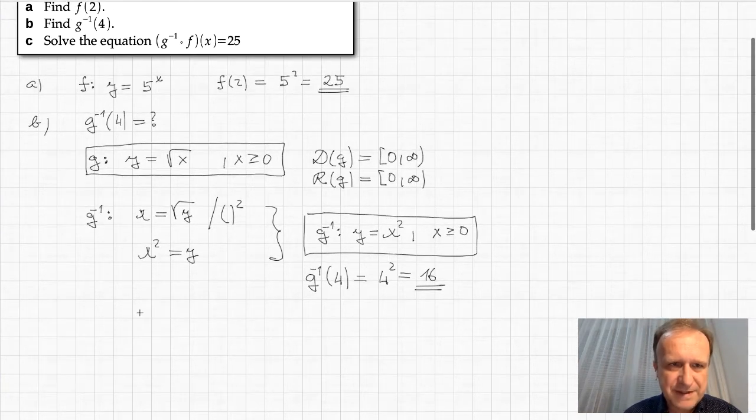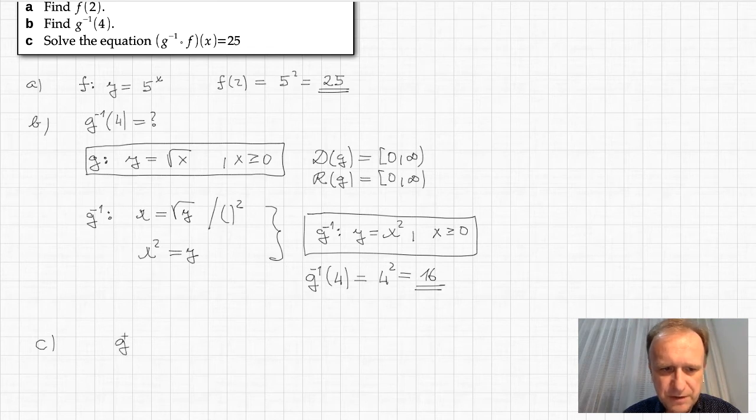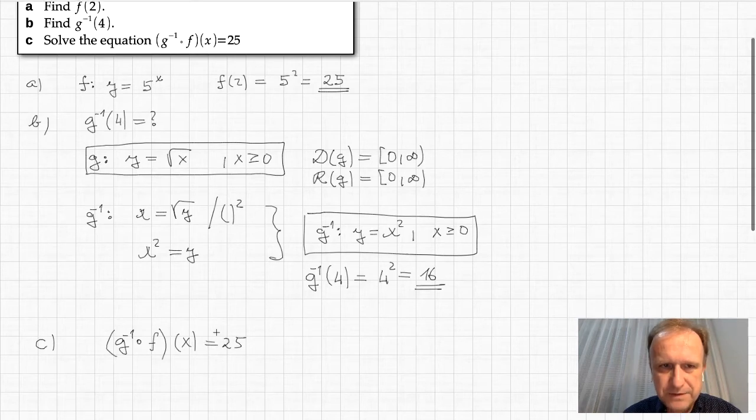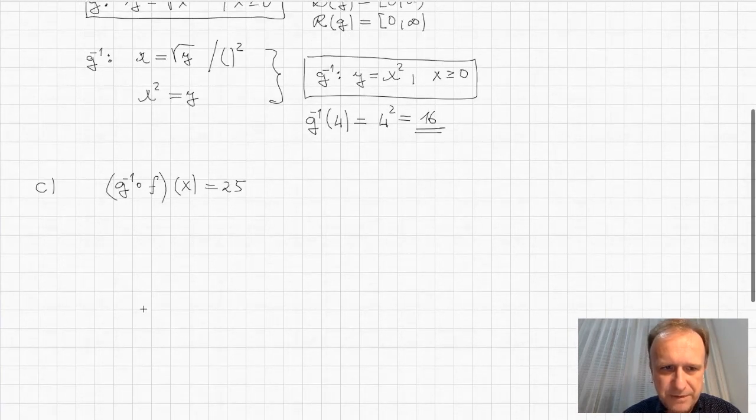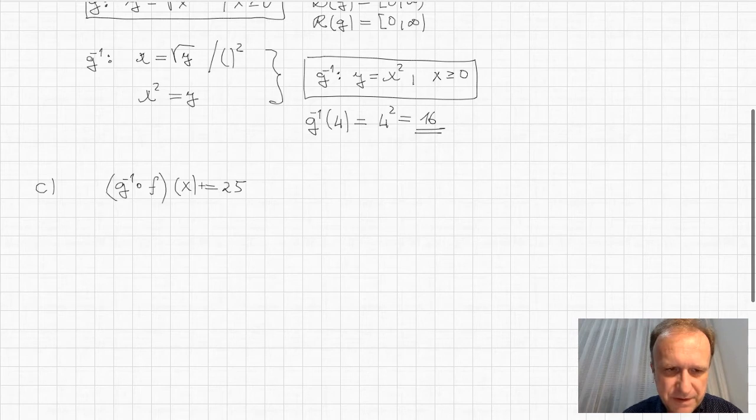Now in part C, we are asked to solve the equation g inverse composed with f, of x equals 25. So let me first replace this form of notation with a more convenient one.